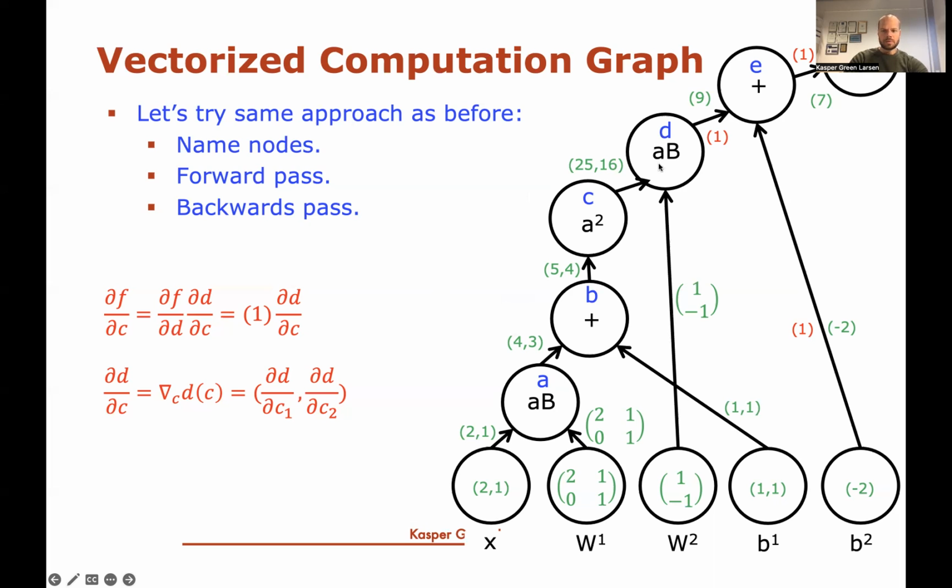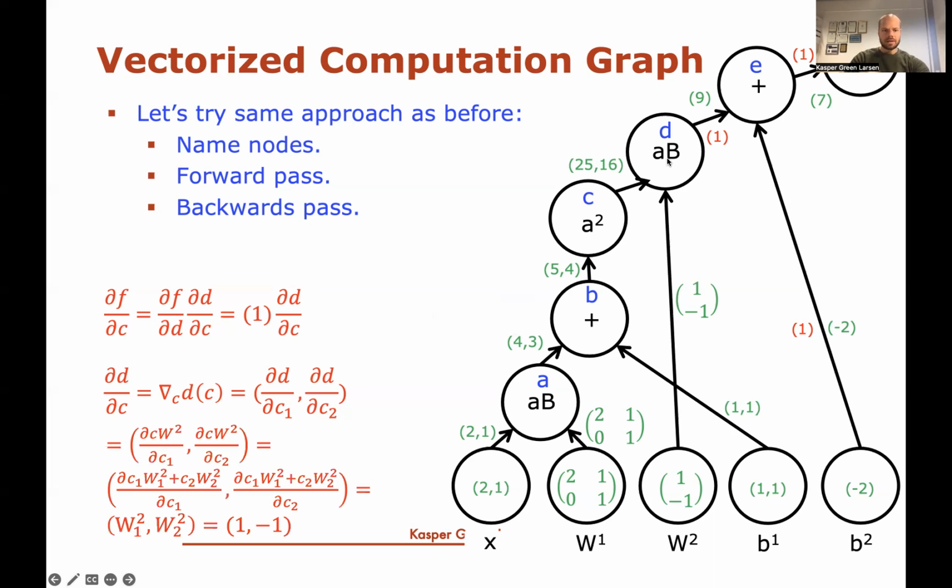The function being computed here is the a times b function. So the function is computing the product between c and w2. Again, there's no square here, it's just w2.